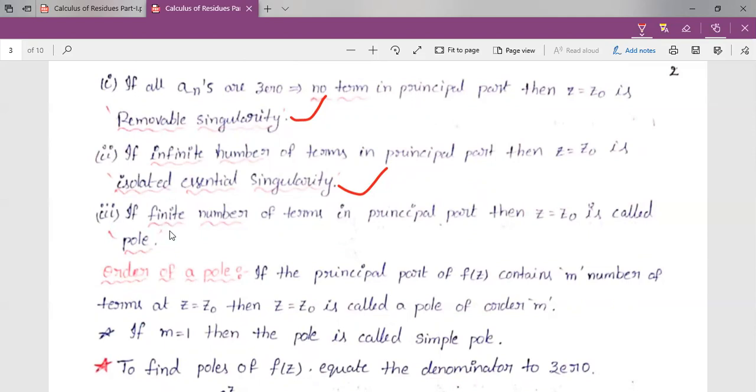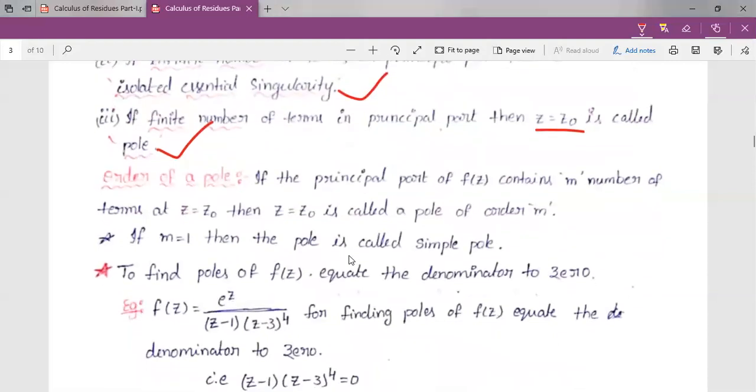The third one, if there are a finite number of terms in the principal part, then z equal to z naught is called a pole of the function. So here we discuss three types of singularities based on the principal part of f of z: no terms gives a removable singularity, infinite terms an essential singularity, and finite terms a pole of the function.